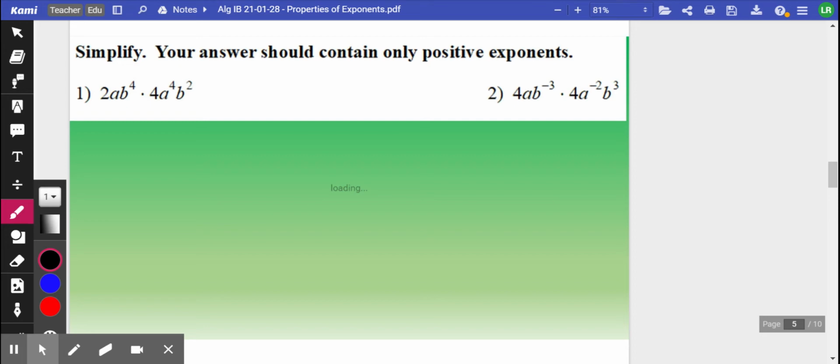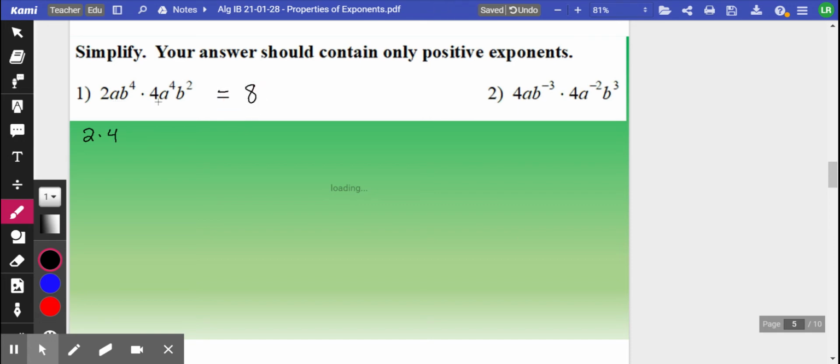Now, it is important that we don't misapply our rules, okay? Numbers are numbers. So like 2 and 4, those are just numbers being multiplied together, okay? 2 times 4 is 8. It's 8, okay? That's not going to change. 8.